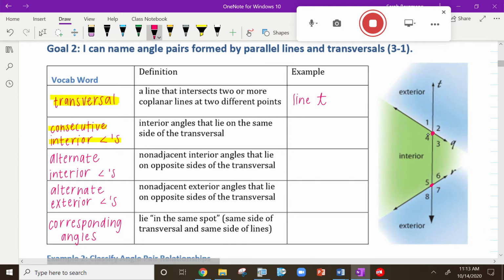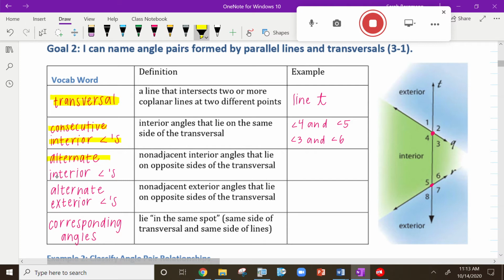Consecutive interior angles must lie on the same side of the transversal. So for example, angle 4 and angle 5, or angle 3 and angle 6. They lie on the same side of the transversal in the interior.